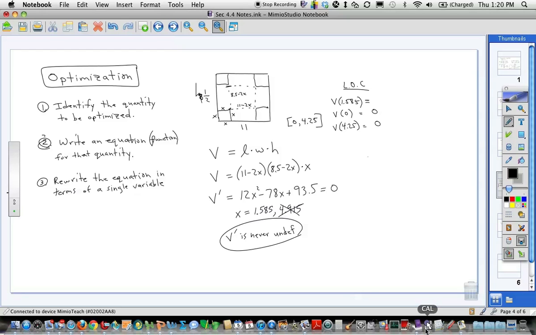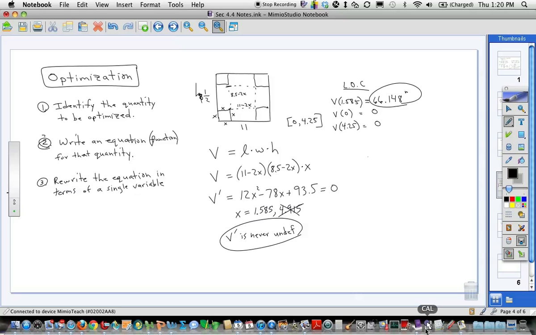Anybody else backing up on that? 66 point what? 15, that's what I got. 66.148, so we would want to say 66.148, 3 decimal places.